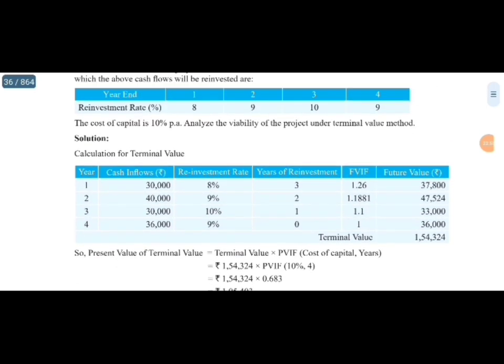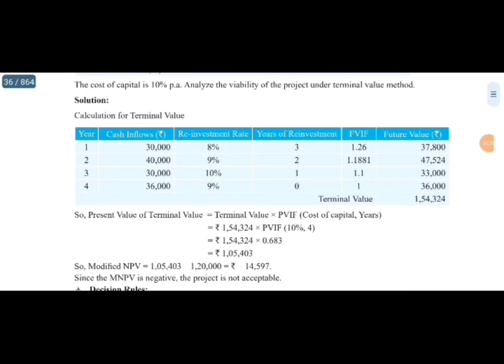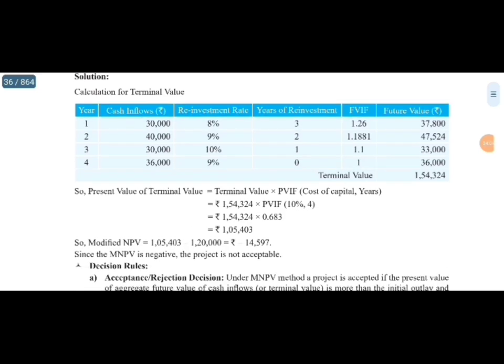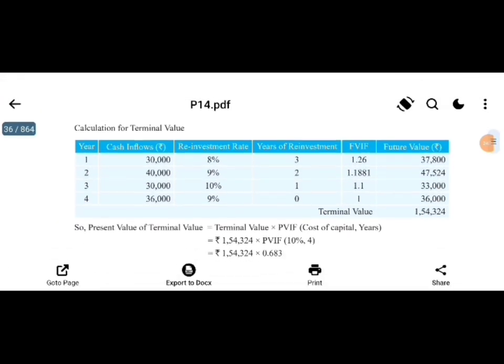And they use the cost of capital for finding the present value alone, not for finding the future value. So for finding the future value, they are considering the reinvestment rate. For finding the present value, they are using the cost of capital 10% for 4 years.